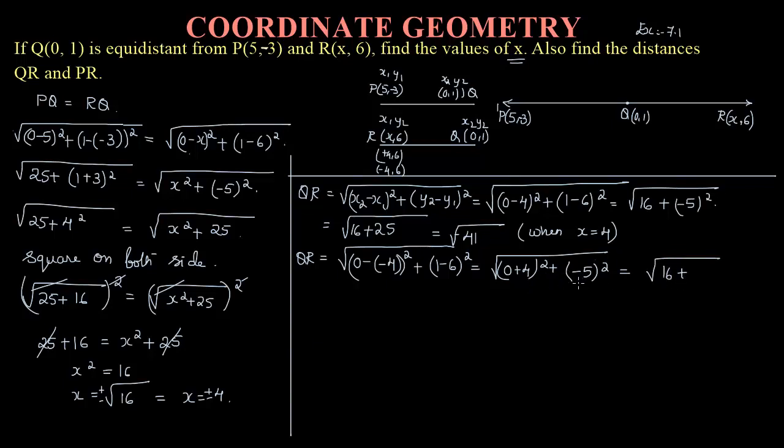Plus minus 5 square. Minus 5 into minus 5, how much are you going to get? You are going to get plus 25. Right? So you got the value. Here also you got 16 plus 25. How much will you get if you add these two values? You are going to get root of 41 here also.